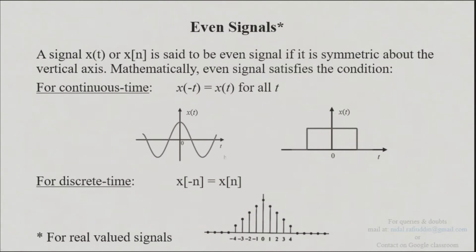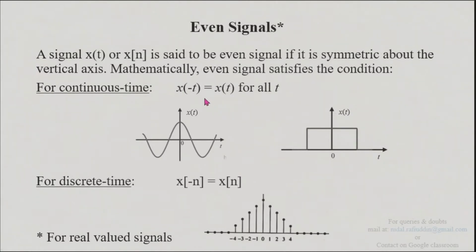This can only be possible if the signal has values on the right side of the vertical axis same as those on the left side, and that is why we say that the signal should be symmetric about the vertical axis in order to qualify as an even signal.